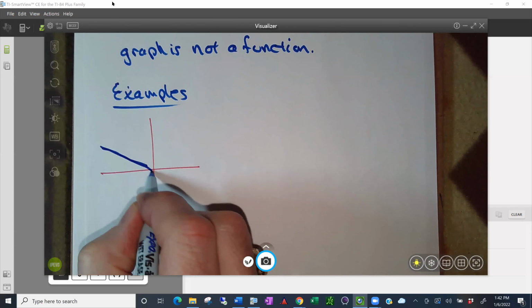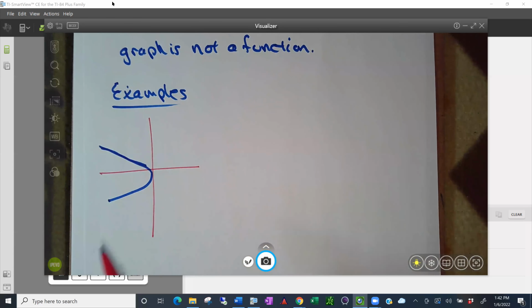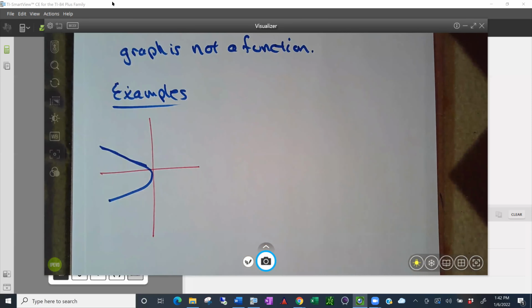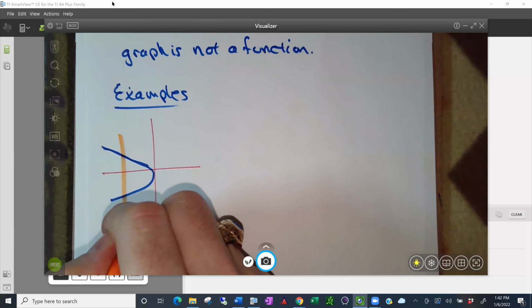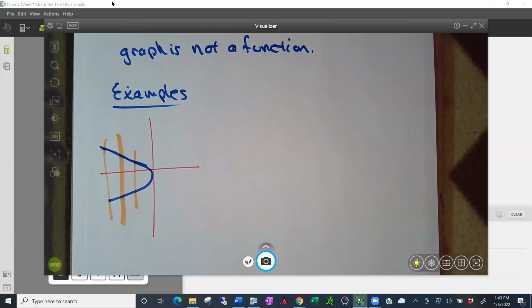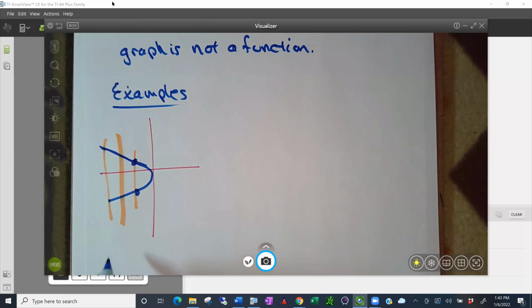So something like that. So if you were to imagine drawing a vertical line, that vertical line, or most vertical lines to the left of the y-axis, are going to hit the graph at least 2 places, or exactly 2 places. So this is not a function.